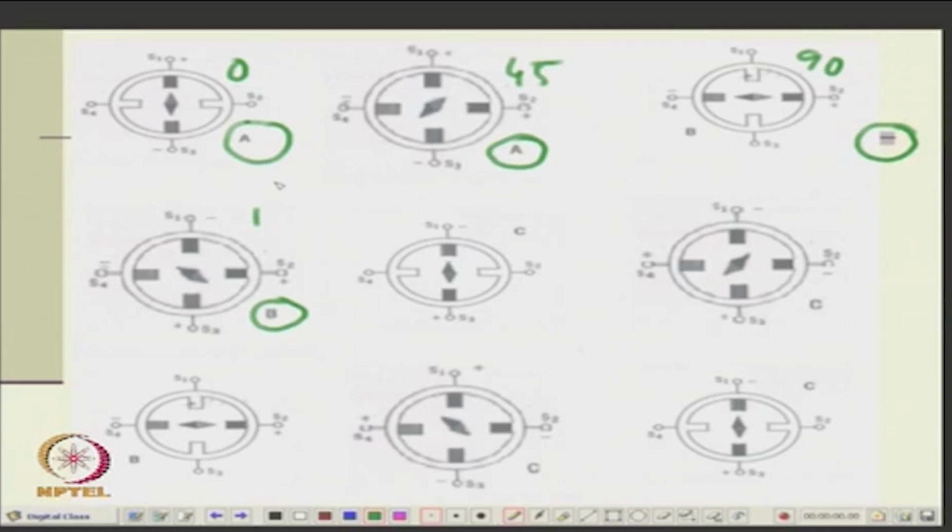By different excitation you can get to different steps. Is it clear? Okay. You can create 45 degree step or 90 degree step or whatever, okay, like this, right. So, it has all gone into different angular positions. Okay. I hope it is not a big deal how it aligns.